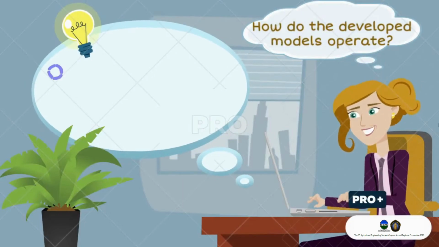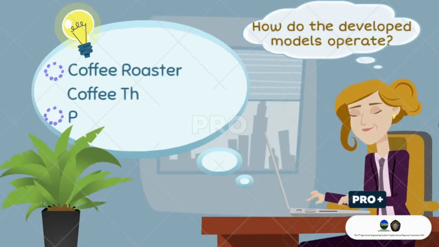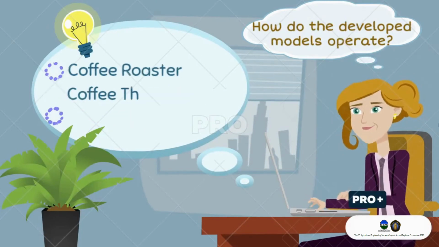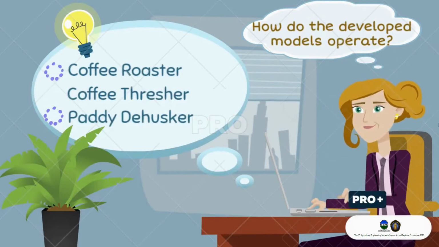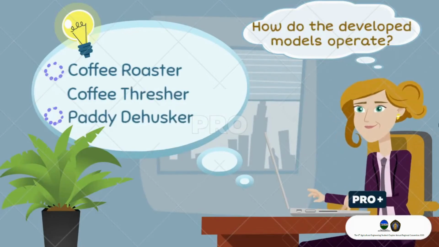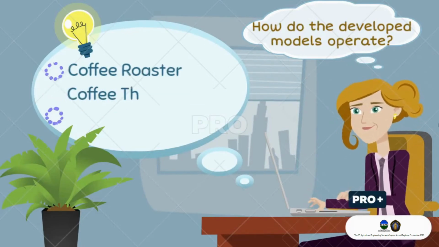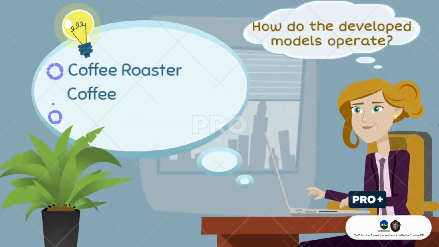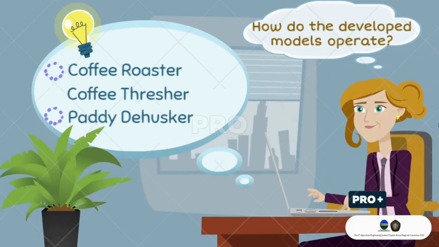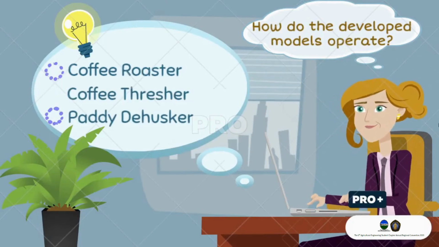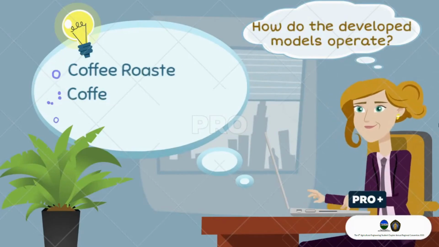How do the developed models operate? Let's take a look at examples of the models that have been developed and operated by the students. There are 3 models, which are Coffee Roaster, Coffee Thresher, and Paddy Husker, which belong under the food and agricultural industry.